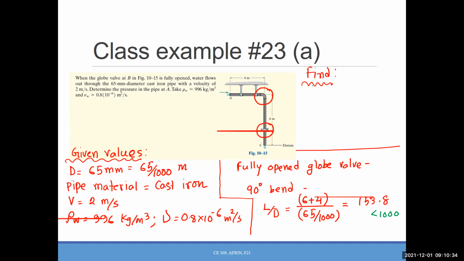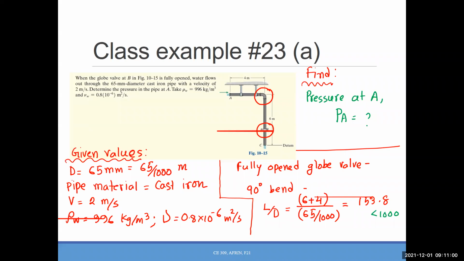Now we need to calculate the pressure at A, P_A. That's what we need to find. Now, whenever we need to calculate pressure and velocity, the energy equation is the one where we can find pressure and velocity, all of these together, right?